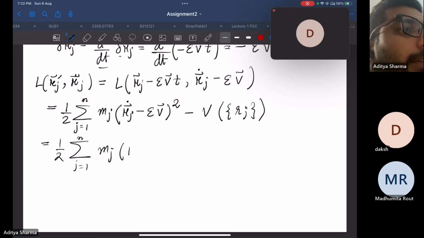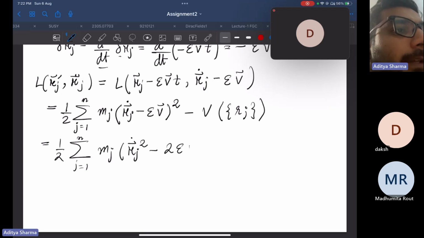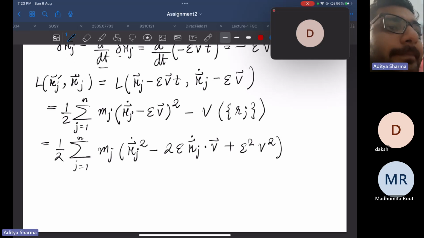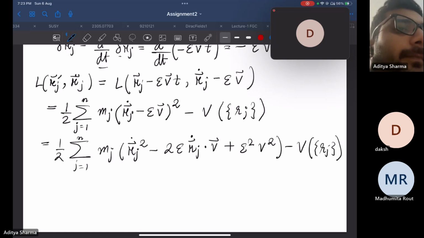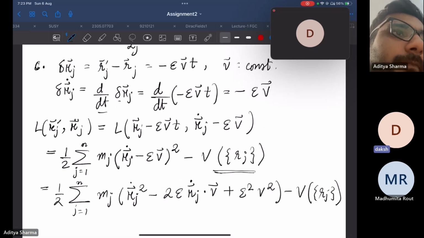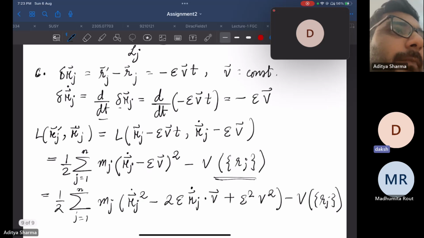This is nothing but r_j dot squared minus 2 epsilon r_j dot dot v plus epsilon squared v squared, minus V. You realize why V doesn't change in this case, right? Yes, the distances are the same.